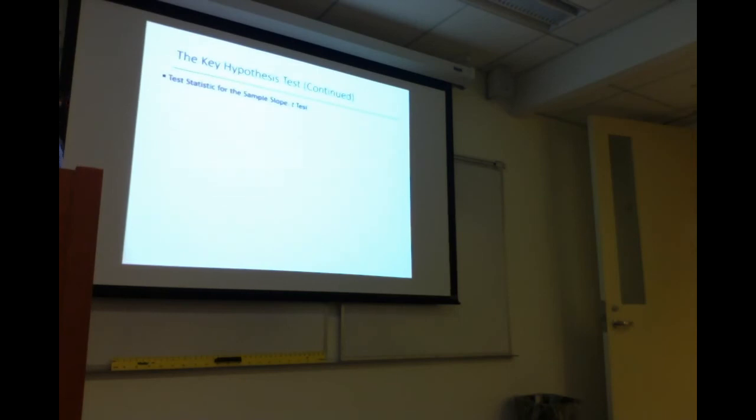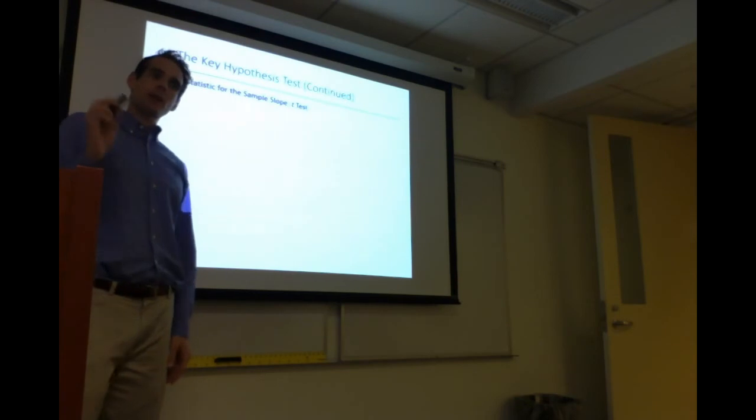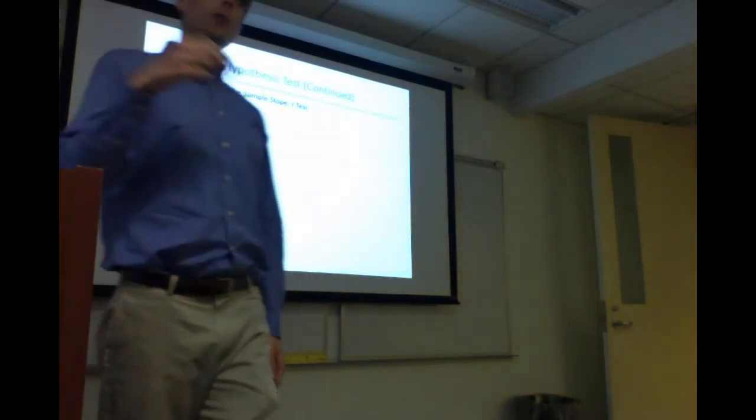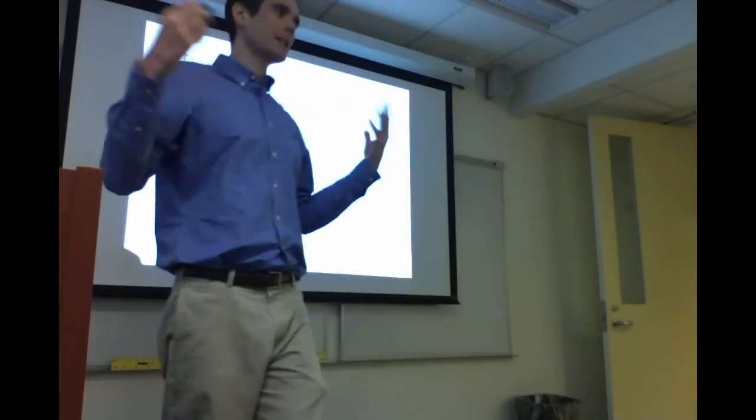All right, test statistic. What is the test statistic that we're going to come up with? You may recall from last time, for overwhelming evidence we need a significant test statistic.